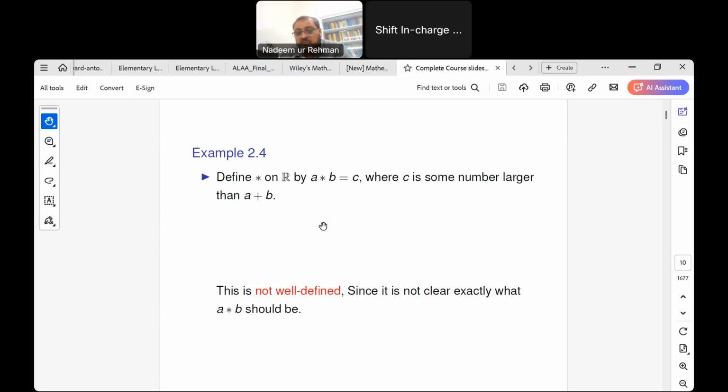If we take a equal to 2 and b equal to 3, then a composition b is some number larger than 2 plus 3, which is 5.